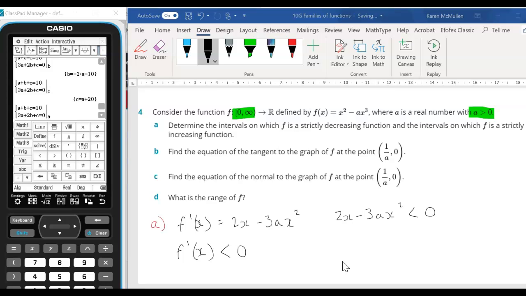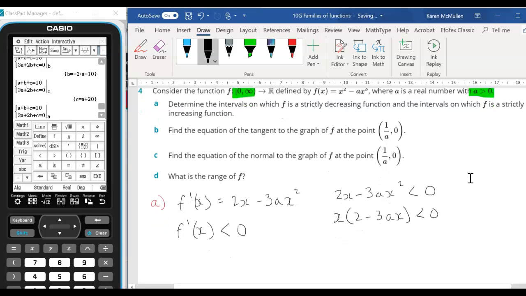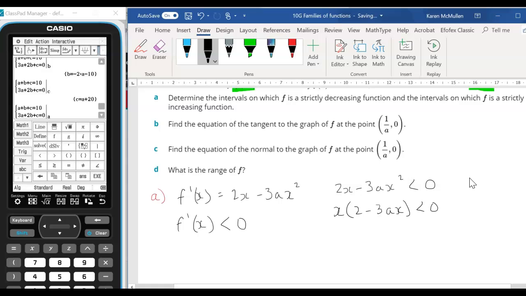So let's take out x as a common factor. So we're going to have x times (2 minus 3ax) is less than 0. All right, and we divide both sides by x, we're going to be left with 2 minus 3ax is less than 0.